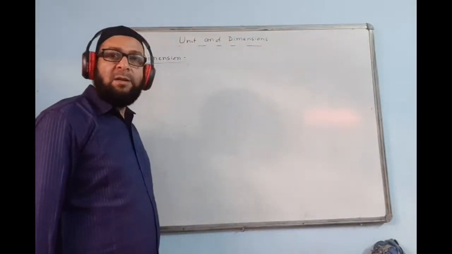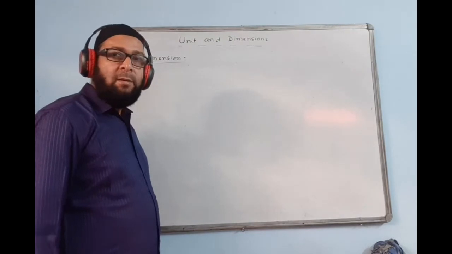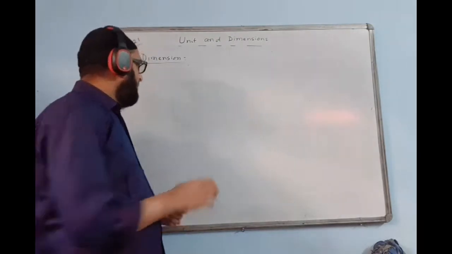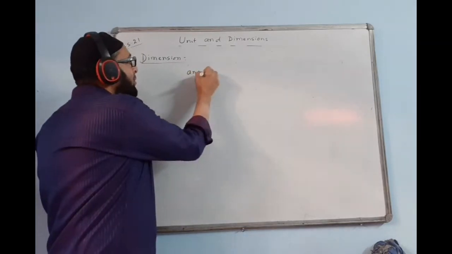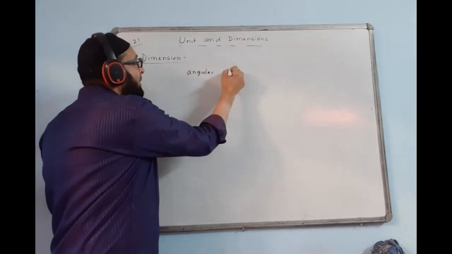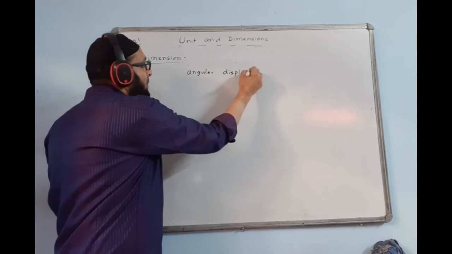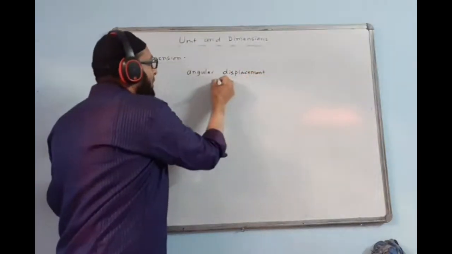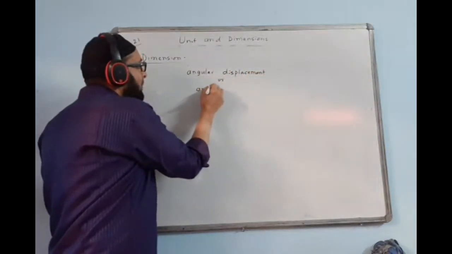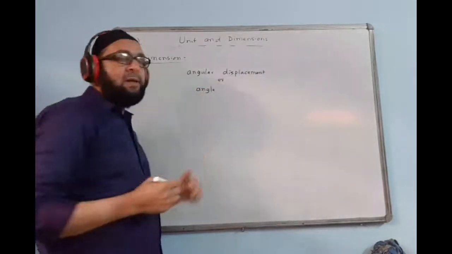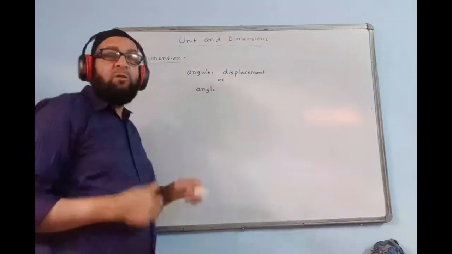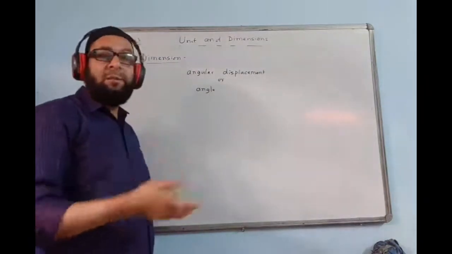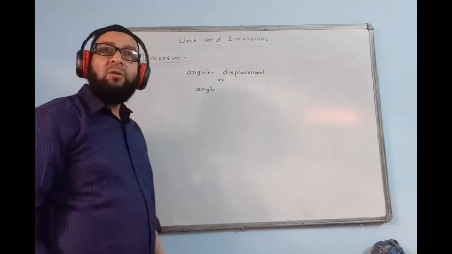Angle or angular displacement. Angular displacement or angle is the only physical quantity, remember, which has a unit but no dimension. Why is it so? Tell me the reason.